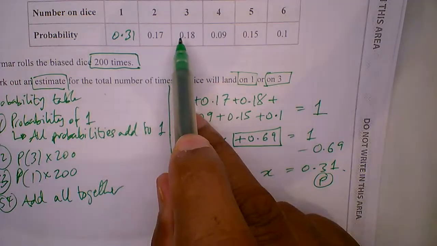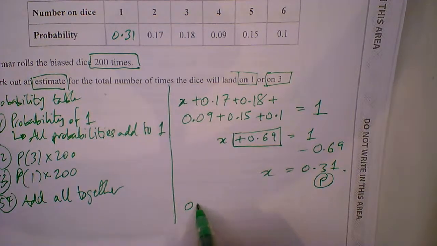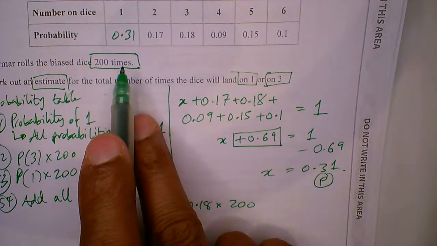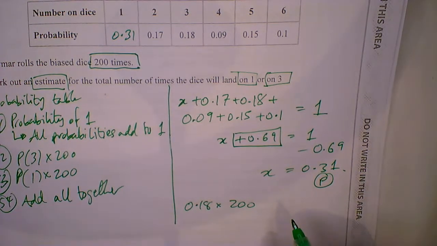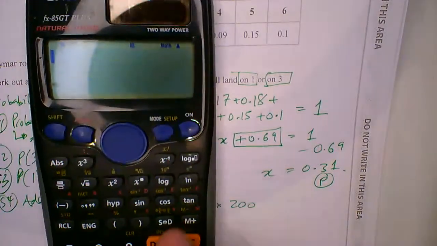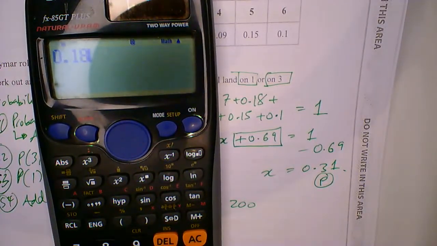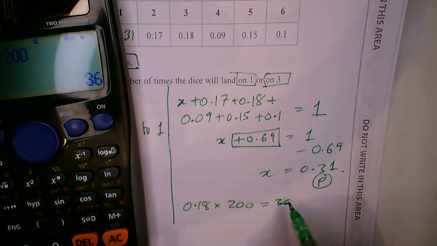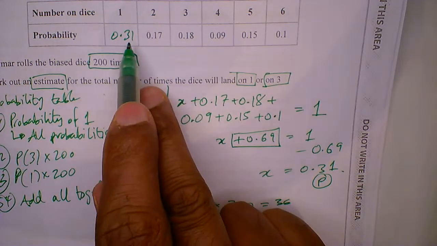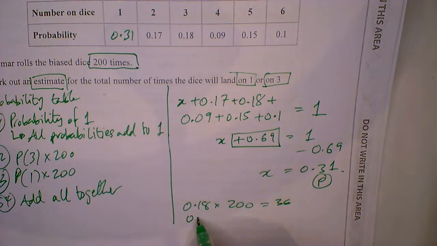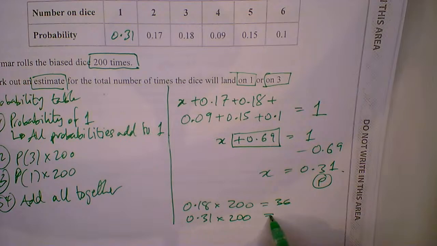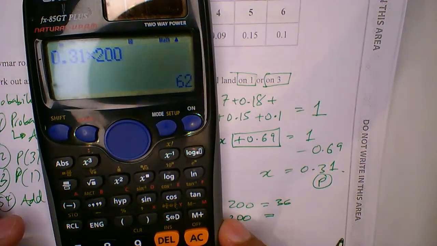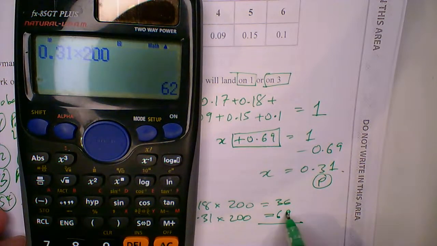The next thing is the probability of 3 is 0.18. 0.18 times by 200, because we're rolling the dice 200 times, gives us 36. And then the same thing for the probability of 1, which is what we just worked out. 0.31 times by 200 gives us 62, and then we add them together.